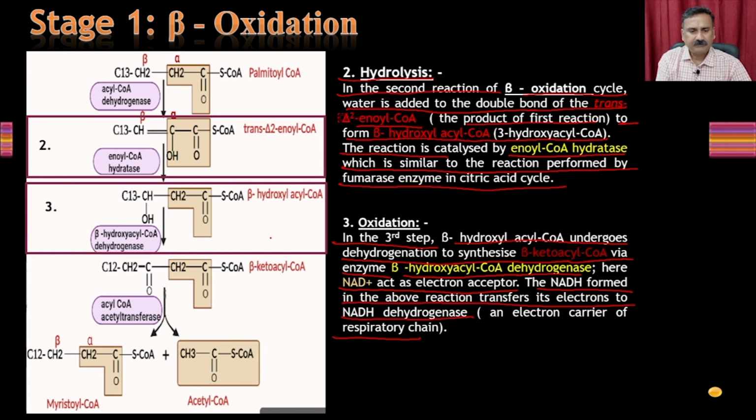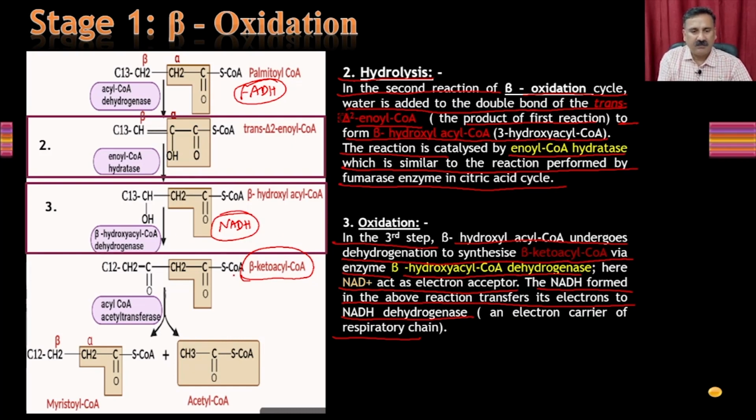So in the third step, you are going to have the production of another molecule of NADH. In the previous step, you produced FADH2; in this step, you have produced NADH, and it also produces beta-ketoacyl CoA.